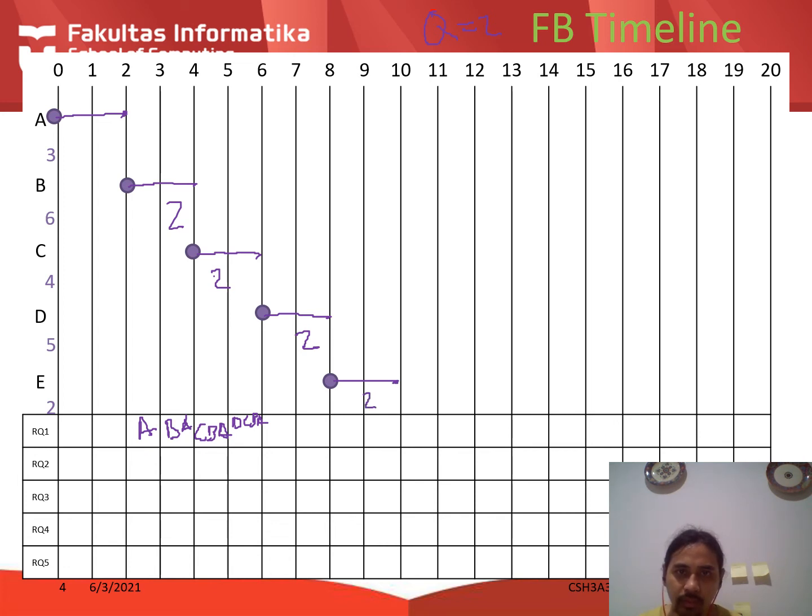So A will go again, but now just until 11 because A is only 3 seconds. After that, B will go from 11 to 13, and B will go to the bottom queue.